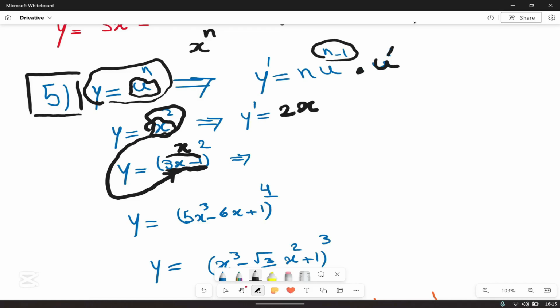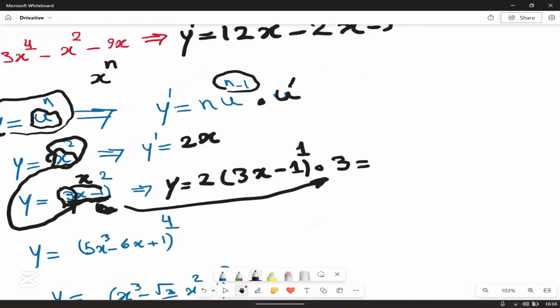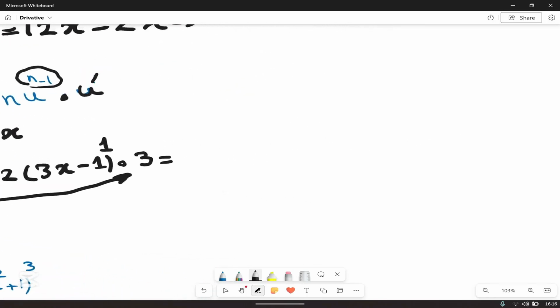Therefore, if I follow this question with this note, y is equal to 3x minus 1 to the power 1, because I must reduce the power, and after multiply by this part's derivative, it is so simple. Why? Because in the linear function the derivative is just the coefficient of x, and that is 3, and that is our total derivative. Note, I don't know, do you remember this or not?